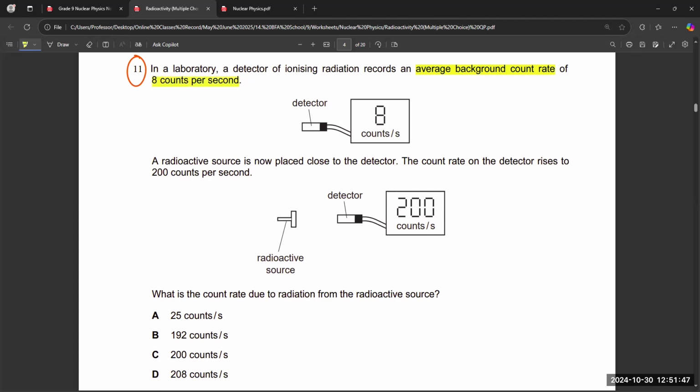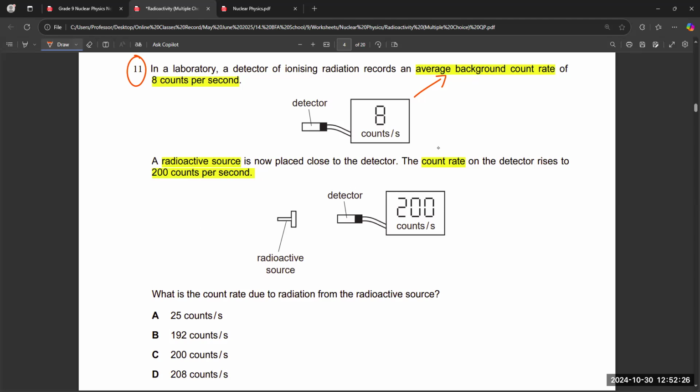So these radiations are already in our surroundings, but they are not harmful. So this 8 counts per second is the background reading, right? This is not radioactive, this is only background reading. Now in the second paragraph, a radioactive source. Now we place a radioactive source close to the detector and the count rate on the detector rises to 200 counts per second. So what is the actual value of the count rate for the radioactive source, not the background?